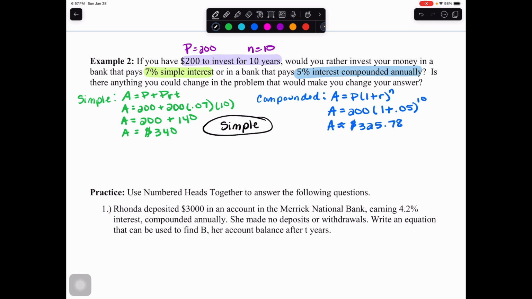So I would say if 10 years, simple interest bank, because it is more money.